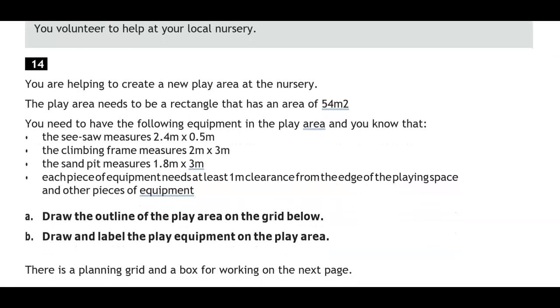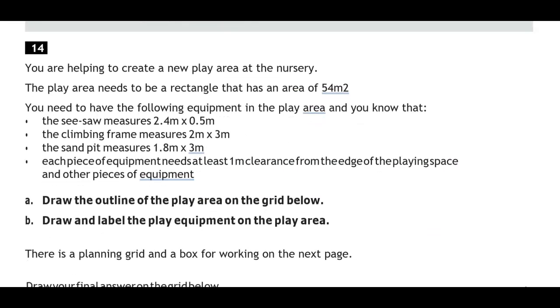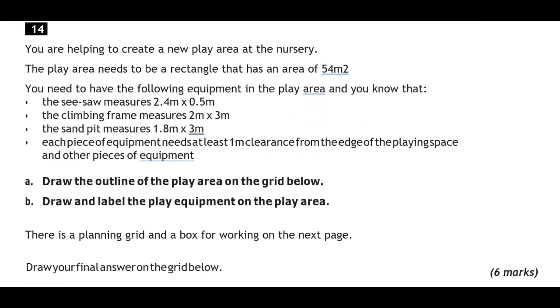You volunteer to help at your local nursery. You are helping to create a new play area at the nursery. The play area needs to be a rectangle that has an area of 54 square meters. You need to have the following equipment in the play area.